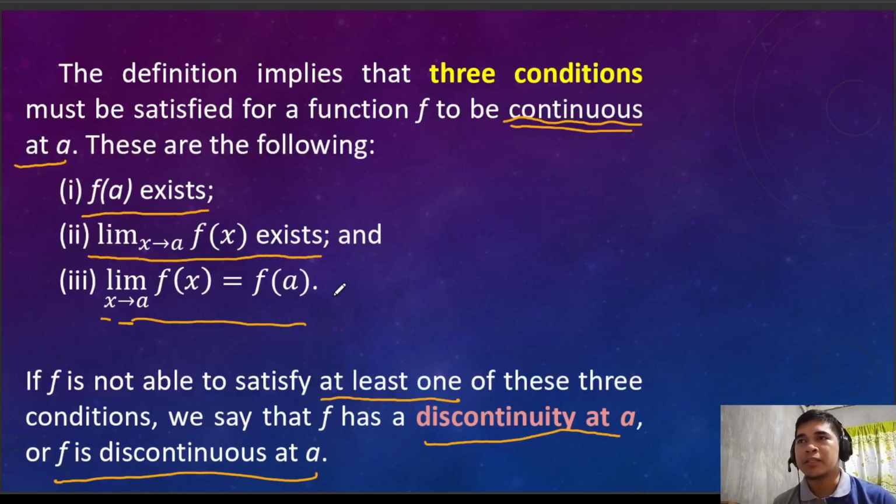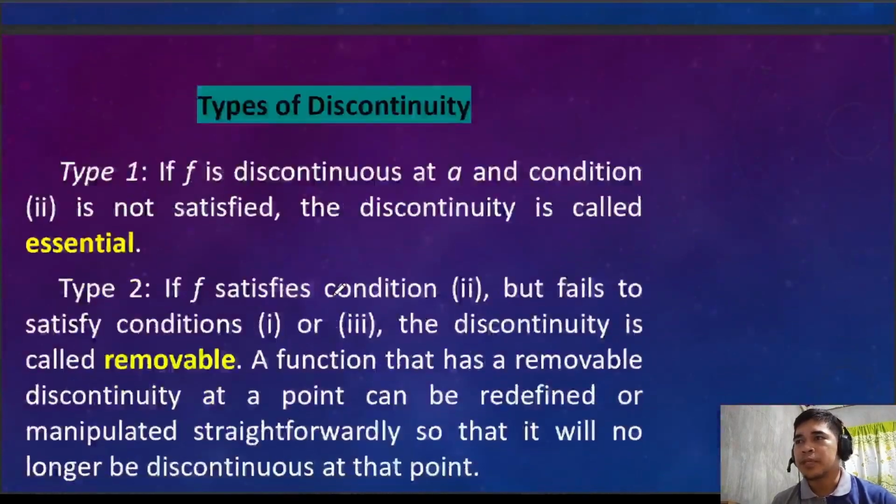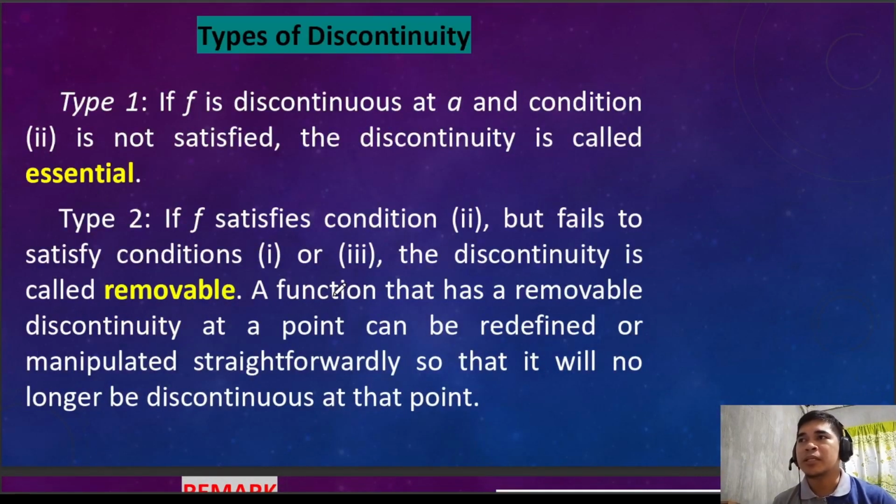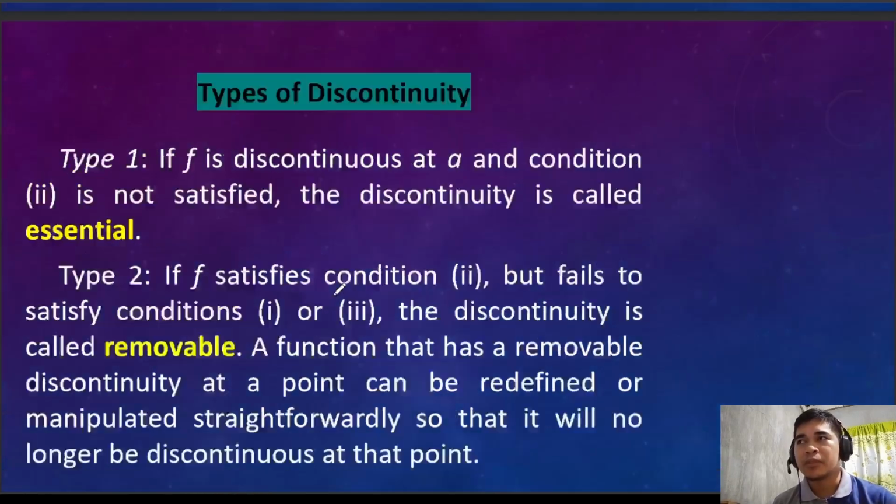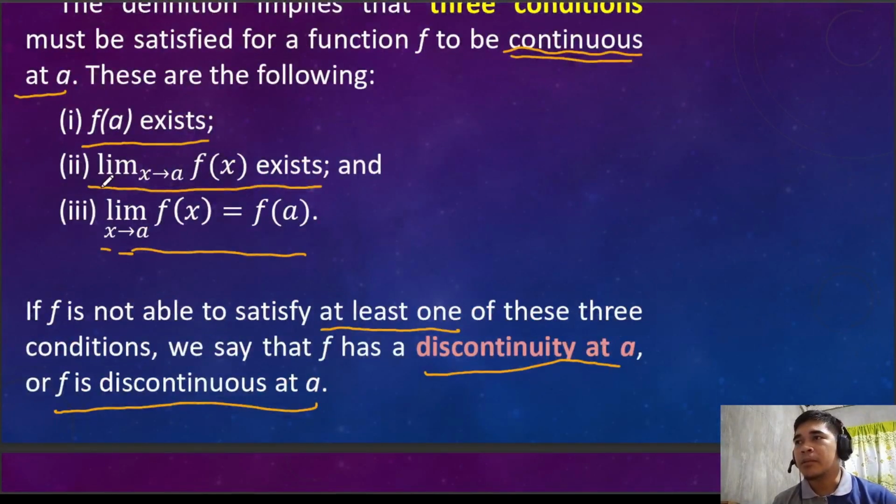I hope that is clear. And we have types of discontinuity. Actually, we have two. We have type 1 and type 2. So, take note of the three conditions. First condition, there is a value for f of a. Right? And number 2, there is a limit that exists.